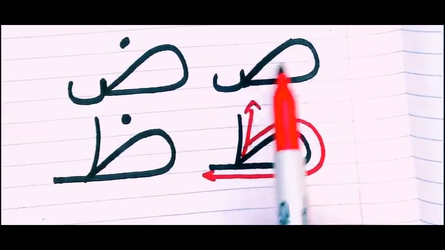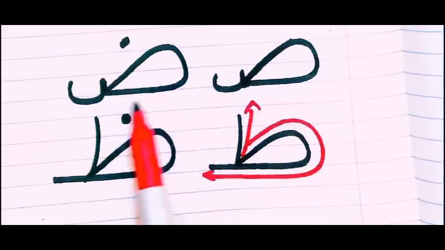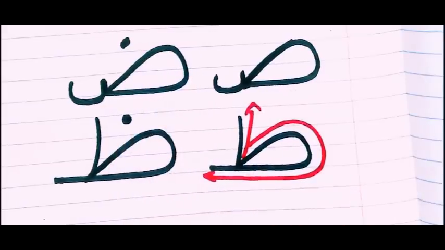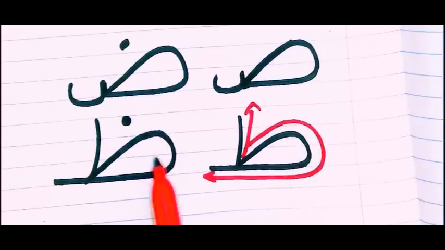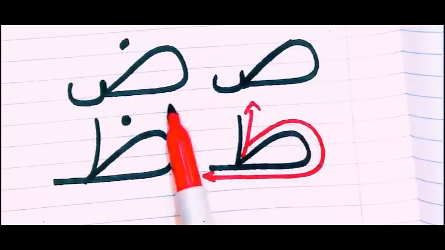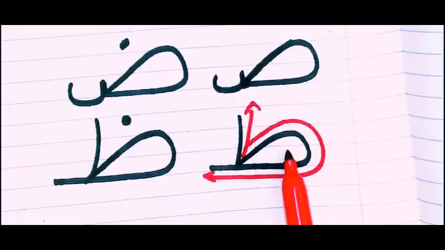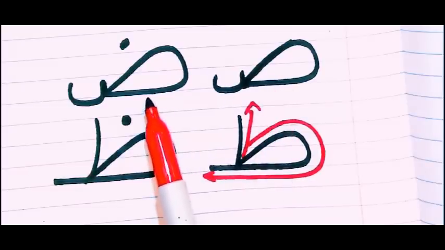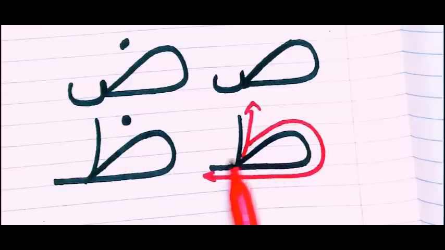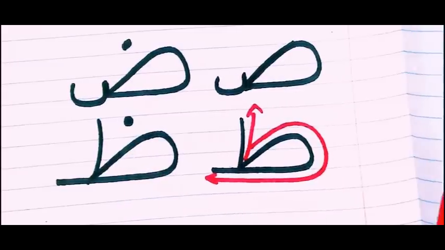They have this little whale head, I would call it, because they're all somehow circled, but they all have the exact same shape. Two without the sticks and two with the sticks. Sad, dad with a dot, ta and dha.